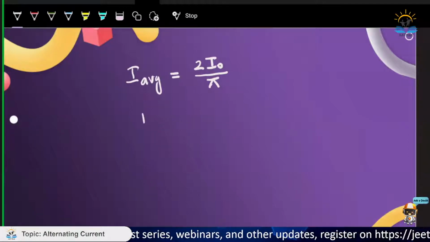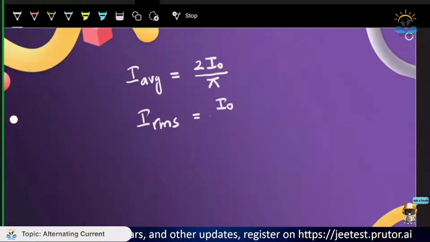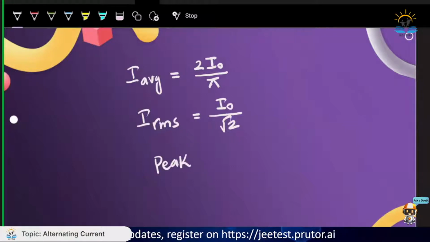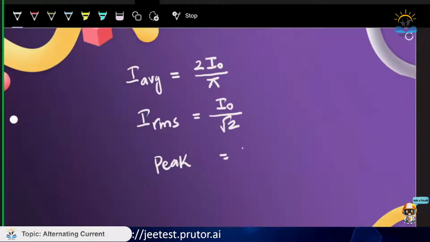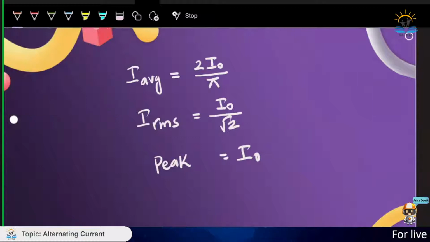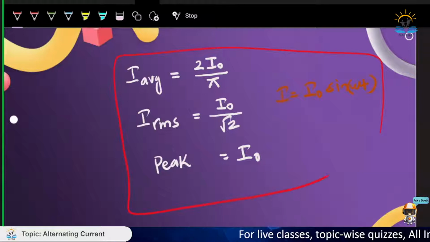I RMS is I naught divided by root 2. And the peak value of current is I naught. And our equation for instantaneous current is I equals peak value I naught into sin omega t. These four formulas are very important.